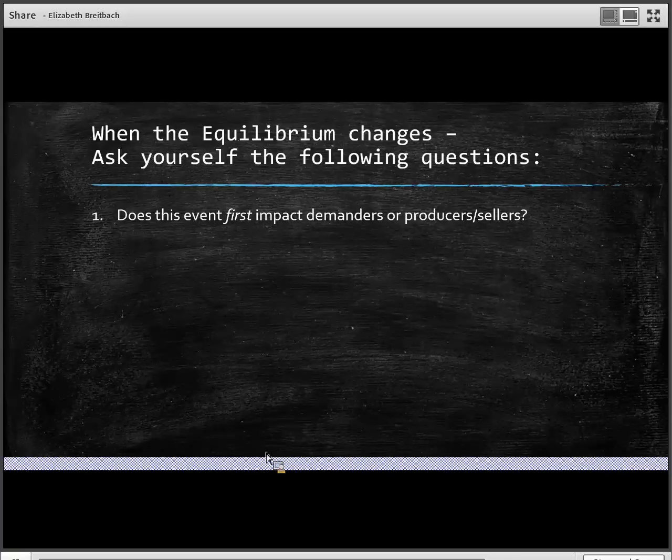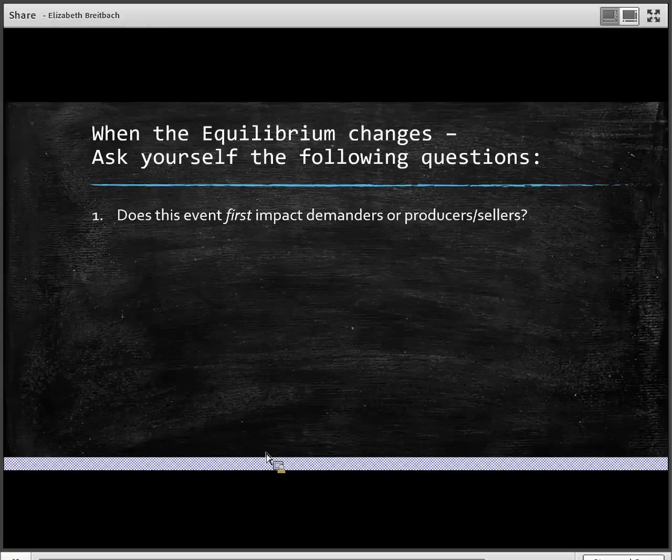It's really easy to say, well, producers are going to produce more because buyers are going to want to buy more. Well, the first thing that happened is buyers want to buy more, and then the producers responded. So make sure that you're really thinking about what happens first. Who is the first mover? Who wants more? Who wants to produce more first?